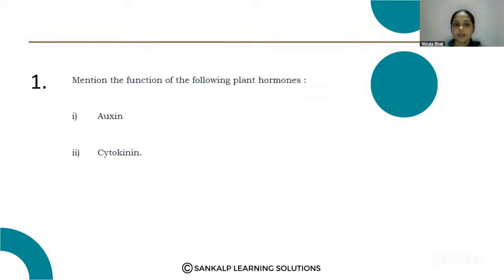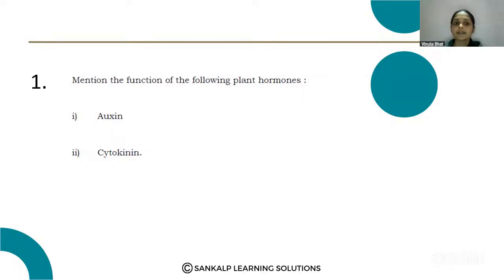Next question. Mention the function of the following plant hormones: auxin and cytokinin. Auxin helps in the elongation of the cells, mainly elongation of the stem.